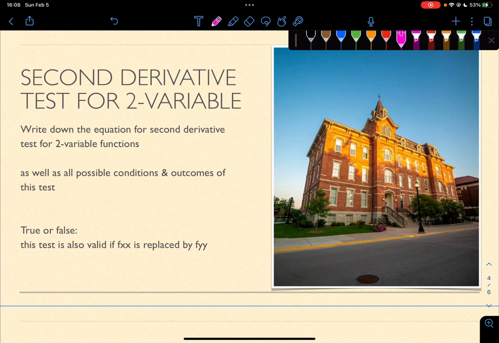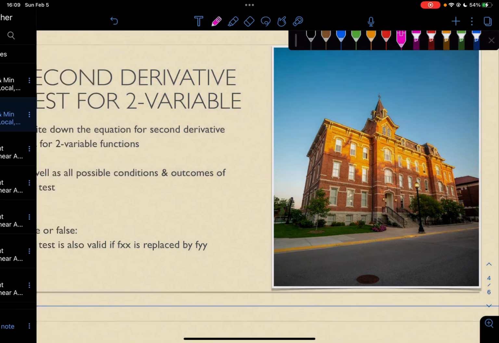So here you have the second derivative test for two variables. I want you to recall the equations for the second derivative test for two variable functions, as well as all of the possible conditions and outcomes of this test. Okay?